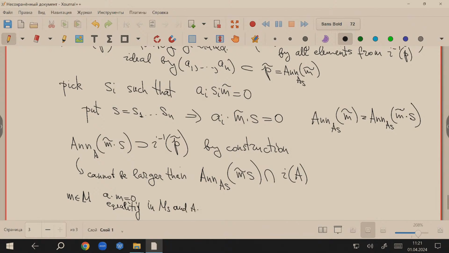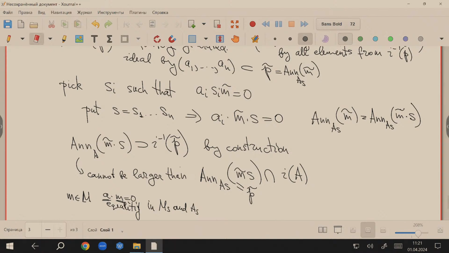So this means that a annihilates M and should belong to this annihilator. But this annihilator is precisely P tilde, and we are considering the elements that are in P tilde and come from the image of A. So they are precisely of the form of the inverse image of P tilde.